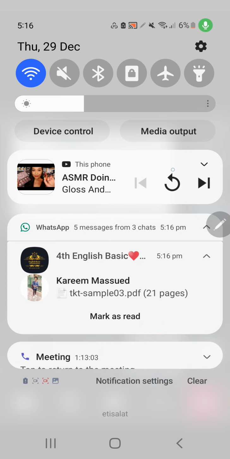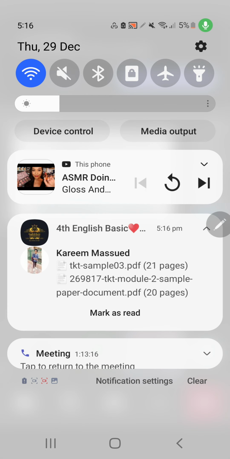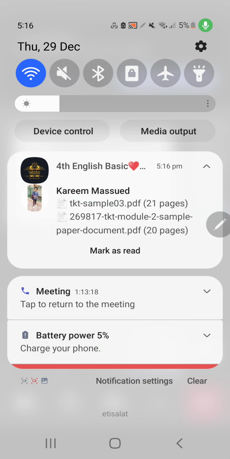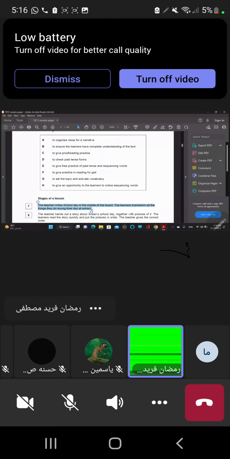So, for example, the teacher writes school day in the middle of the board.